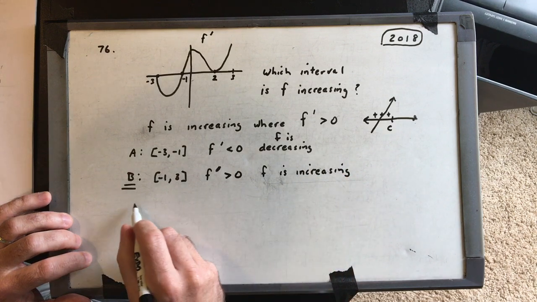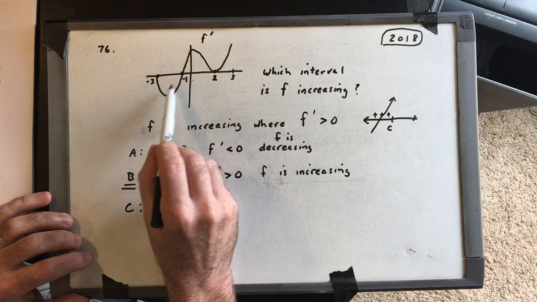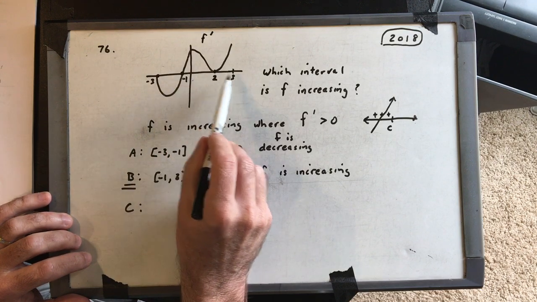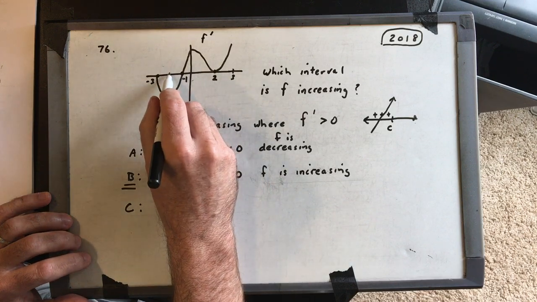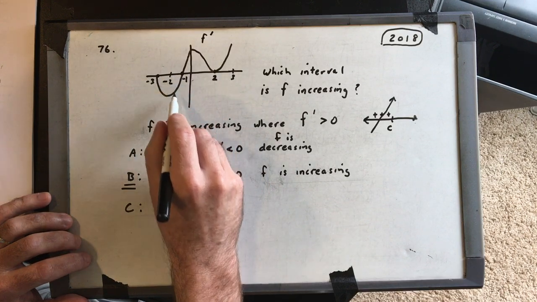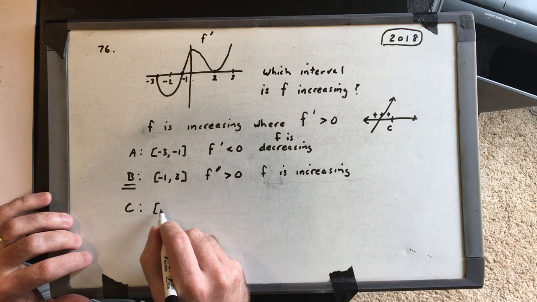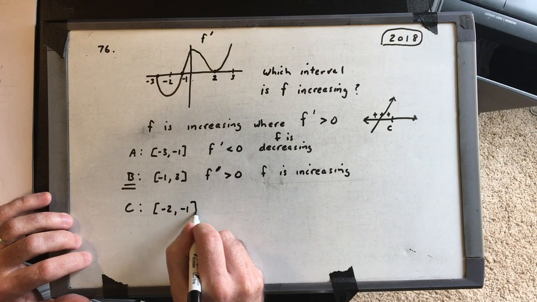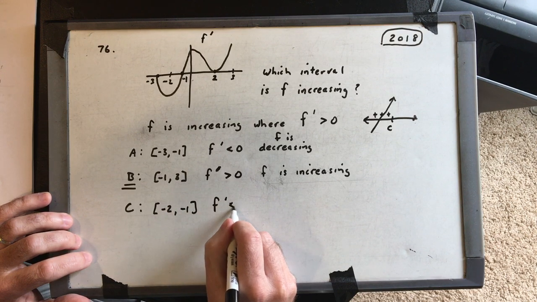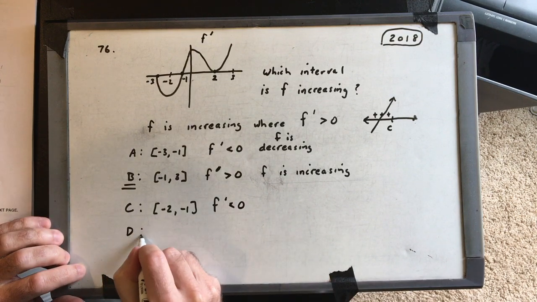Let's look at the other two just for the heck of it. Part C says -2 to 0 and 2 to 3. Well, from 2 to 3 it's increasing, but from -2 to -1, f prime is less than 0. So that's no good.